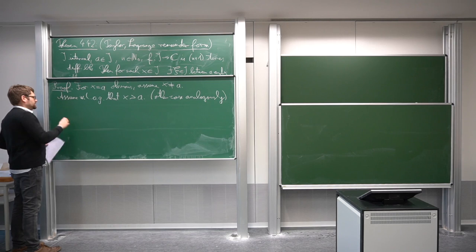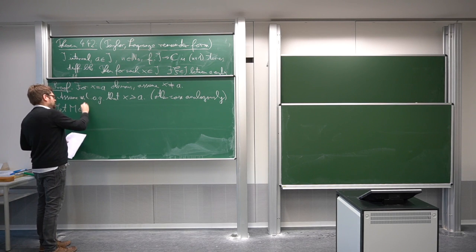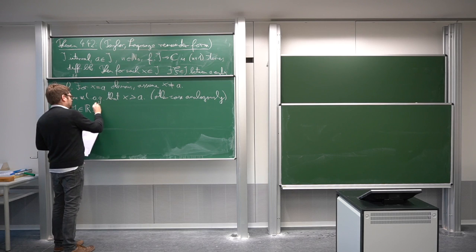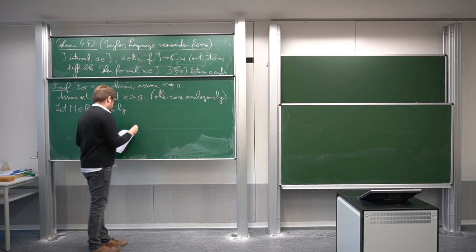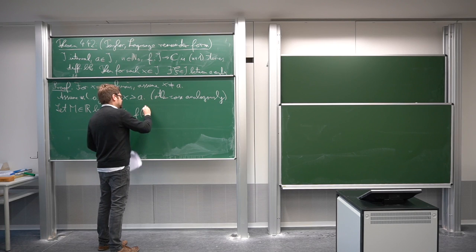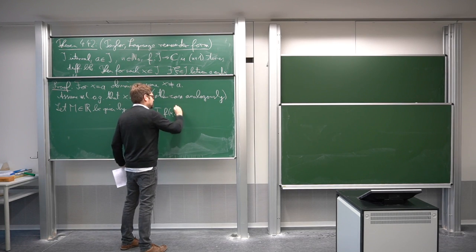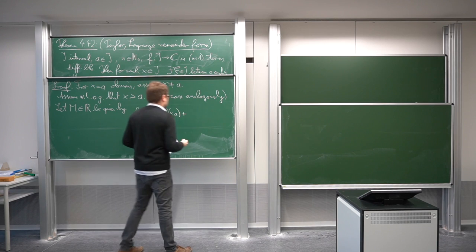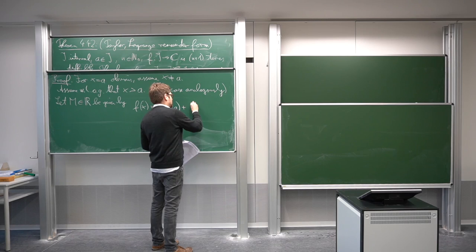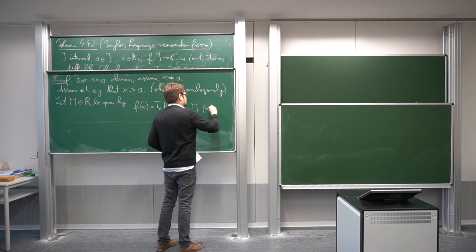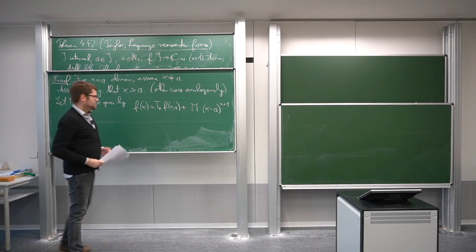So now we do the following. We take m in R. We choose it in the following way, such that f of x is Tn f of x, a, plus, and now we don't know what the expression is, but we can always find some real number m, which at first we don't know anything about, times (x minus a) to the n plus 1, such that this is satisfied.